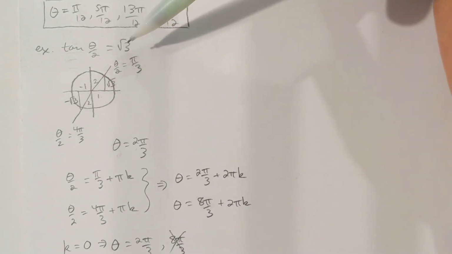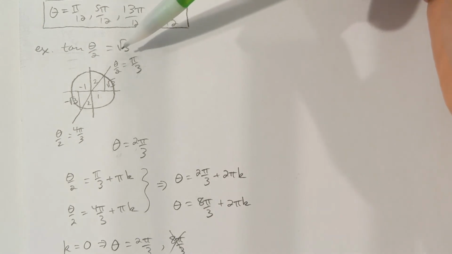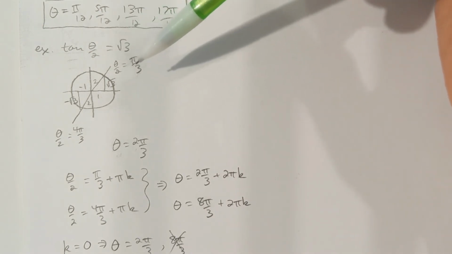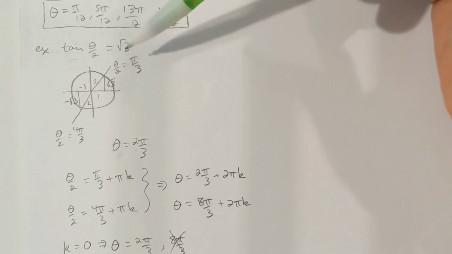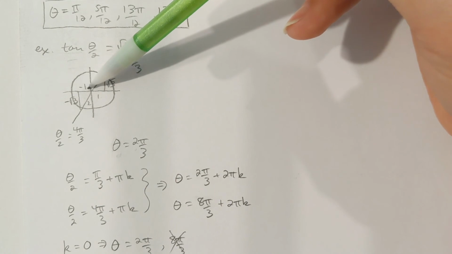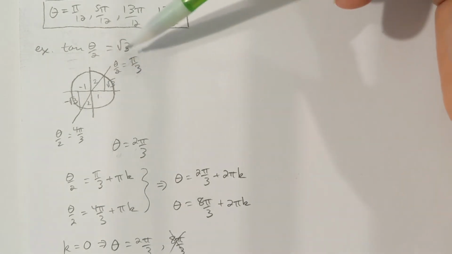Now, negative over negative is positive. So if I had negative root 3 over negative 1, a tangent of an angle is opposite over adjacent. So the opposite side is negative root 3, the adjacent side is negative 1. Again, negative over negative is positive, you'd still get root 3 there.